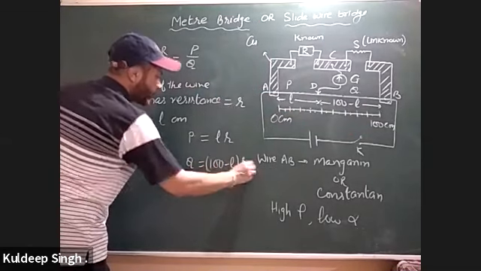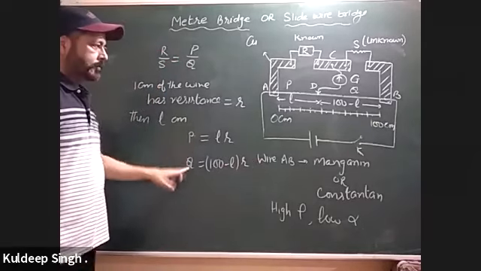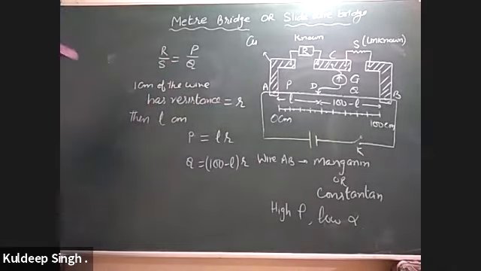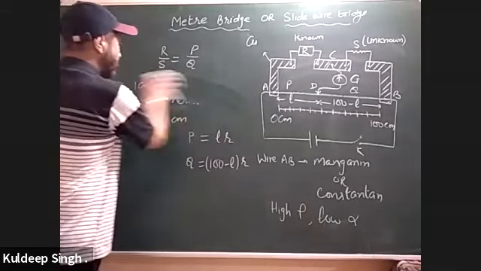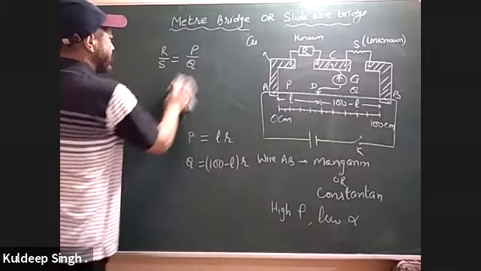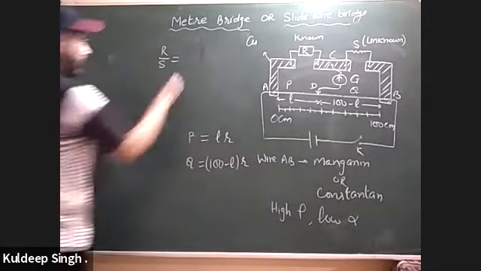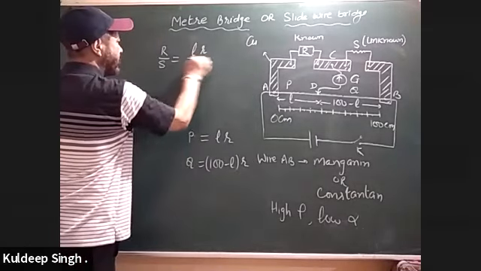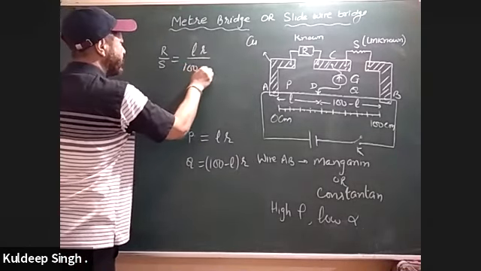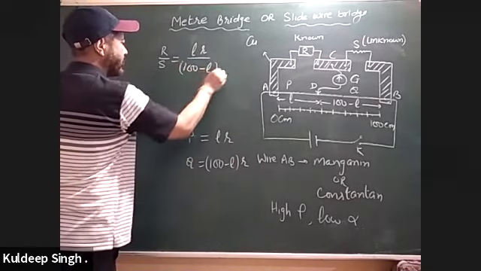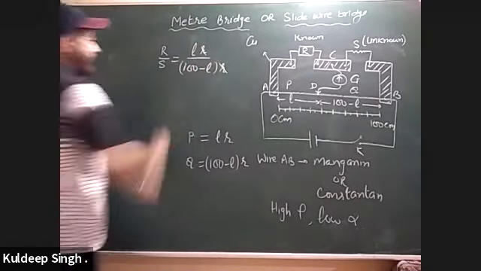small r. So this is the resistance of these two portions, and when I put their values in the above formula here, then in that case I have L into r divided by 100 minus L into r. So r is cancelled.